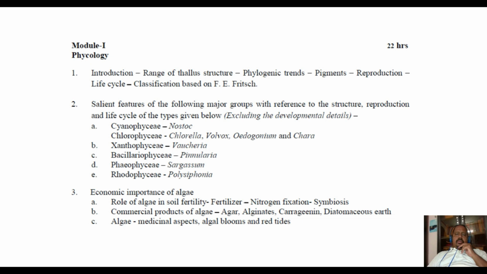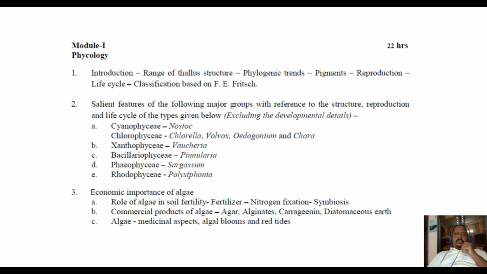As you have studied in the +2 classes, there are different types of reproduction such as isogamy, anisogamy, and oogamy, and there are structural modifications and complexities for the development of these sexual organs, although they are cryptogams.